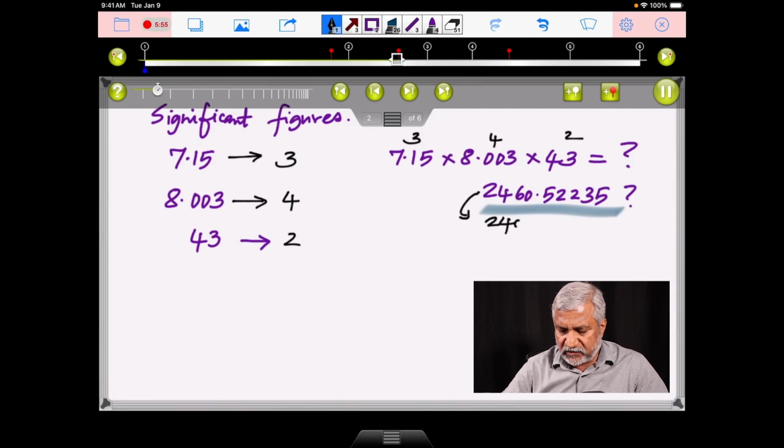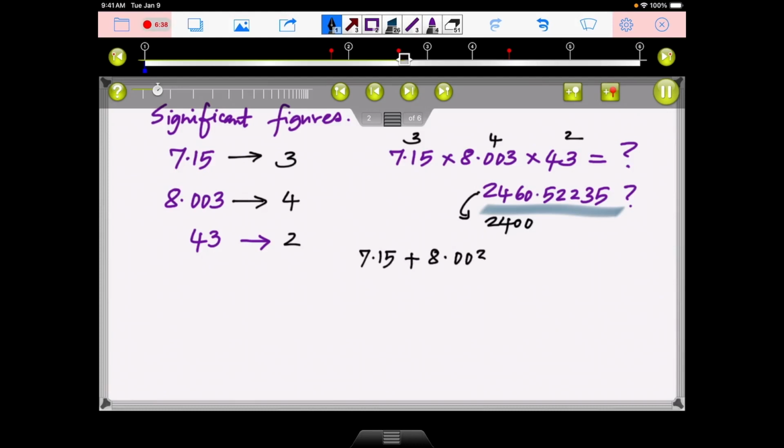So this answer should only have 2 sig figs, which means it's 2400, because in scientific notation it's 2.4 times 10 to the power 3. Only the 2 and 4 are sig figs. So whenever you multiply or divide, you give the answer with the lowest number of sig figs.